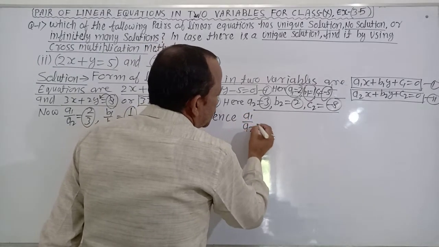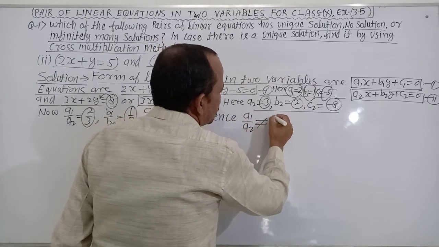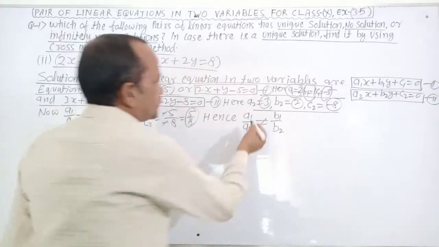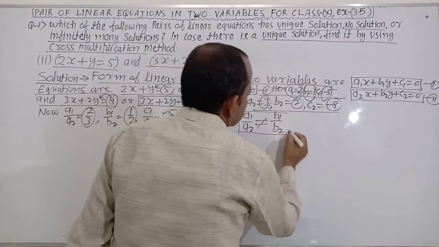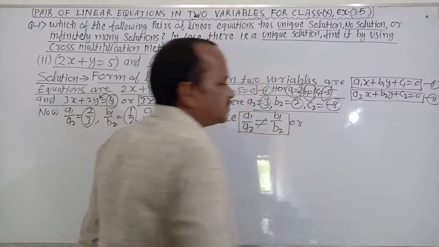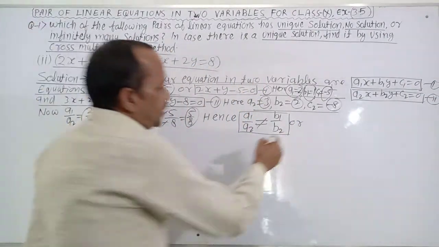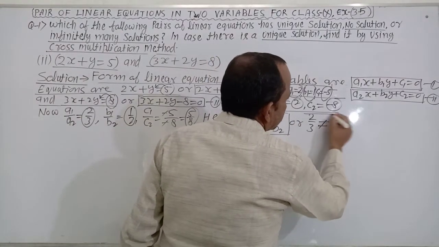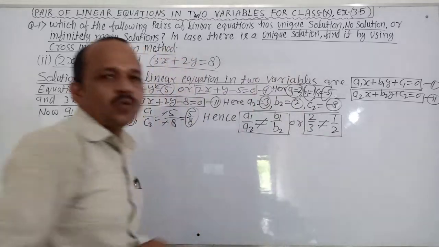Hence a1 by a2 not equal to b1 by b2, or 2 by 3 not equal to 1 by 2.